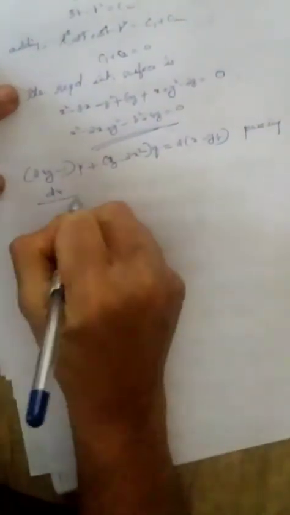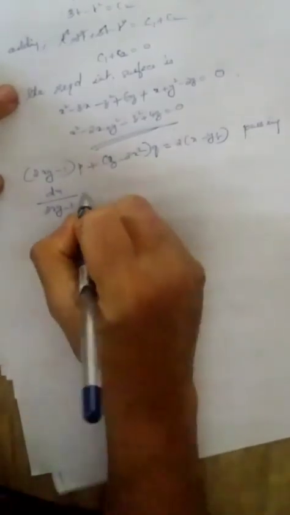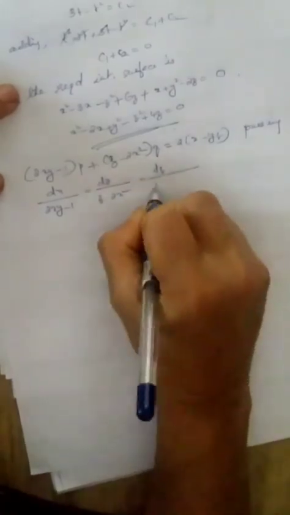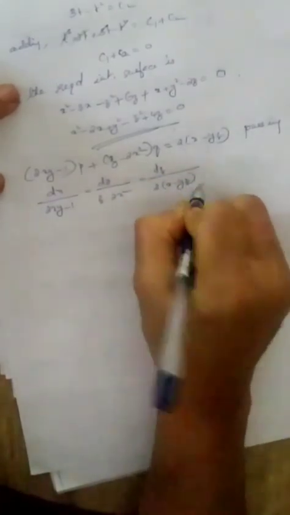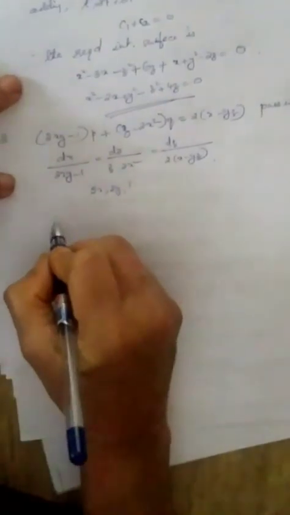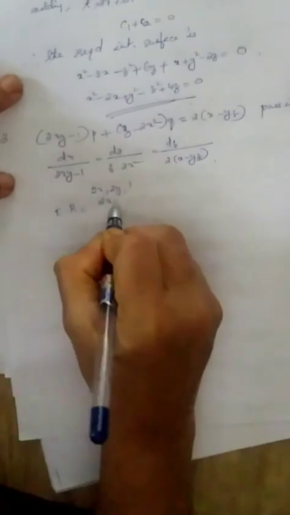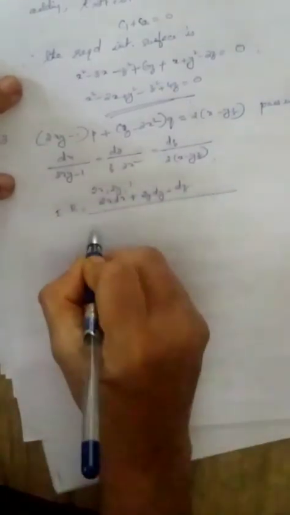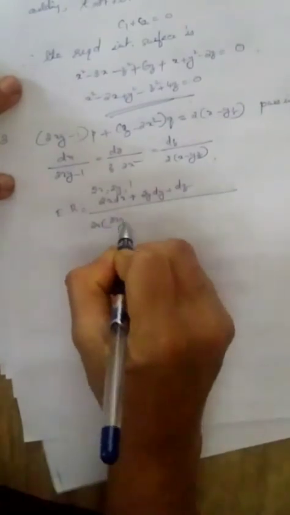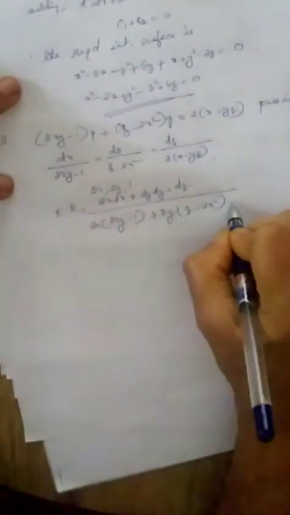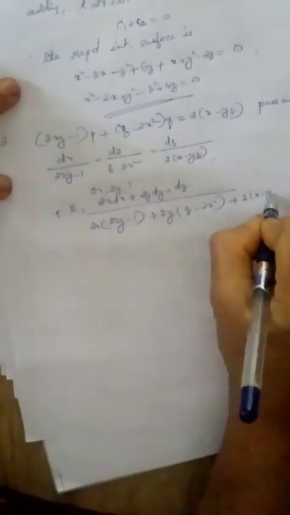So the auxiliary equation is dx by 2xy minus 1, dy by z minus 2x square, dz by 2 into x minus yz. Now comparison method is not possible. So we are choosing the multipliers as 2x, 2y, 1. We have each ratio is equal to 2x dx plus 2y dy plus dz by 2x into 2xy minus 1 plus 2y into z minus 2x square plus 2 into x minus yz.